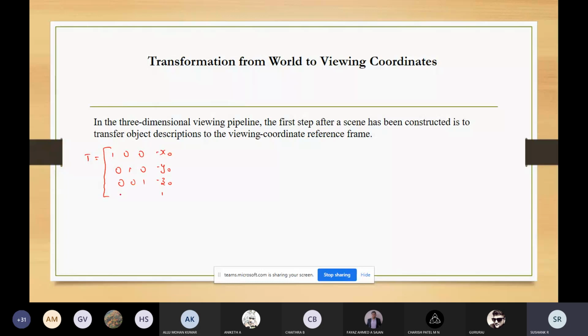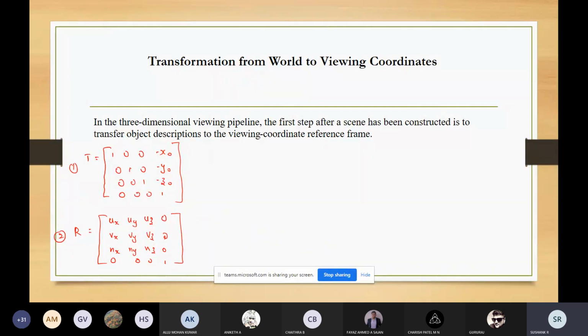The rotation matrix is given by the unit vectors along x, y, z: ux, uy, uz, vx, vy, vz, nx, ny, nz. The rest of the terms will be 0, and this will be 1. So we have the translation matrix, the first step, and the rotation matrix, the second step.